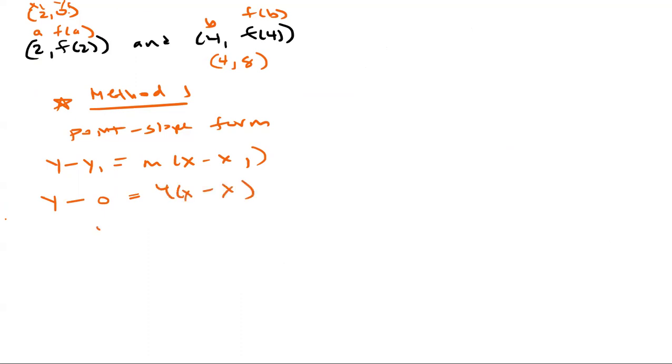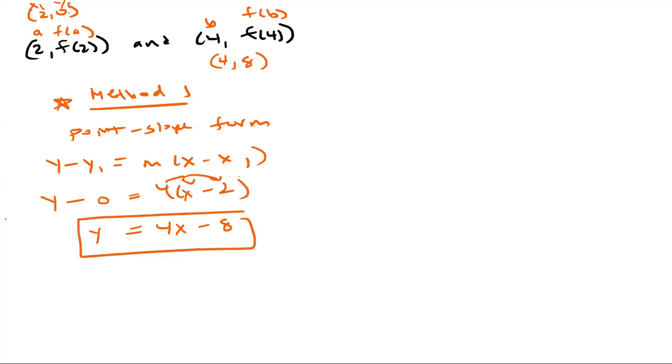And then y minus 0 is y, and then I distribute that 4 inside. That gives us 4x minus 8. And that will be our answer there. So this is the equation of the secant line.